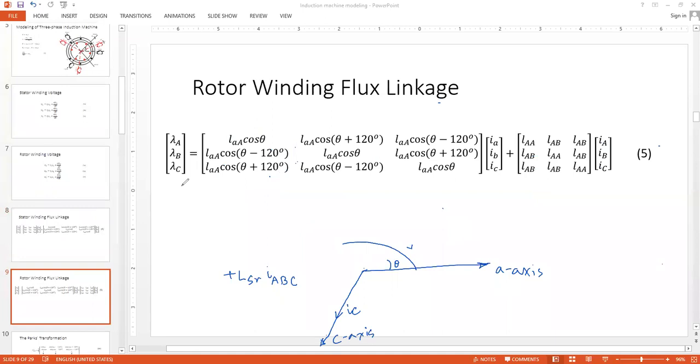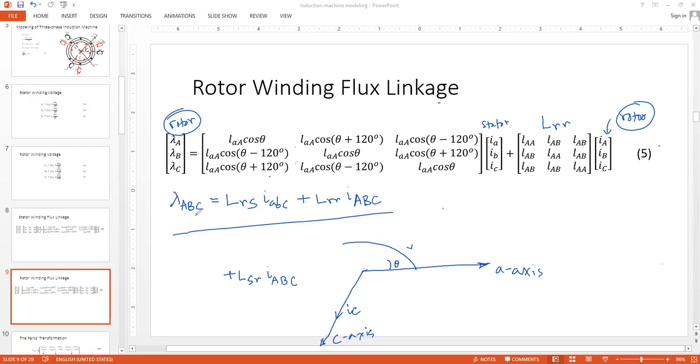For example, now this is lambda capital ABC. That would be equal to, because this is rotor and this is stator current, first LRS, I small ABC. This is between rotor and rotor, so this is LRR.